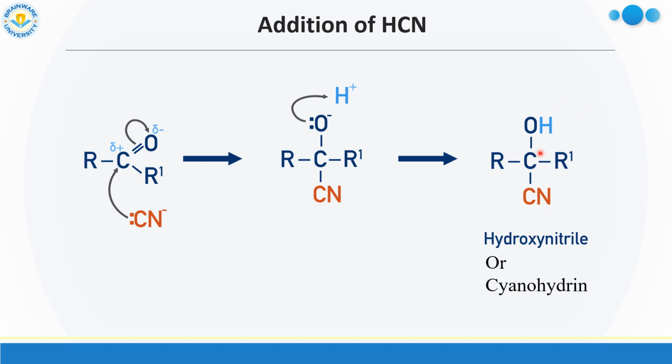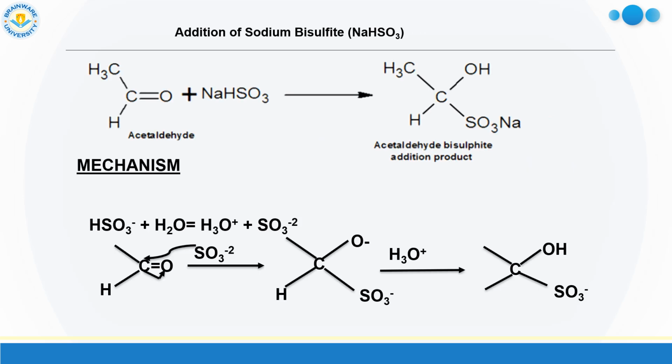CN and OH are on the same carbon, so it is a chiral center carbon. If we treat this molecule with H2O, then the cyano group is converted into an acid group.